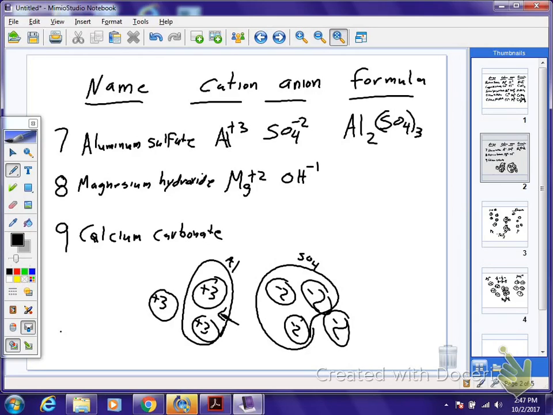So, on that one, we need 2 -1s to equal the +2. So it's Mg(OH)2. And then the calcium carbonate, that one's really easy because they're both the same charge. Both the same charge, you write them side by side, and that's your formula for those.